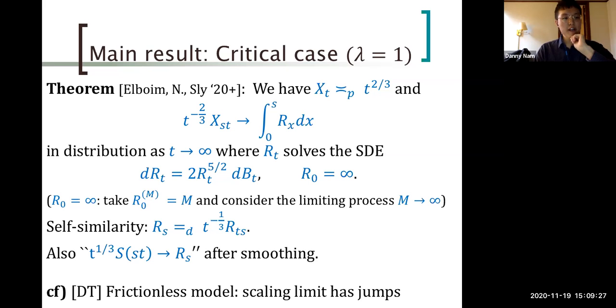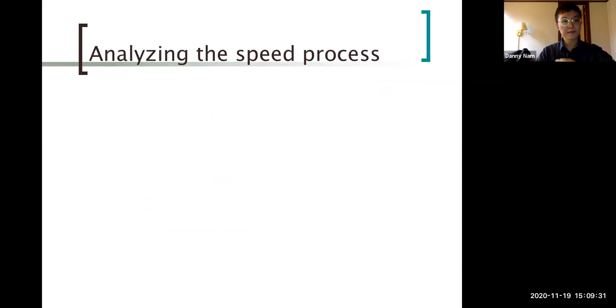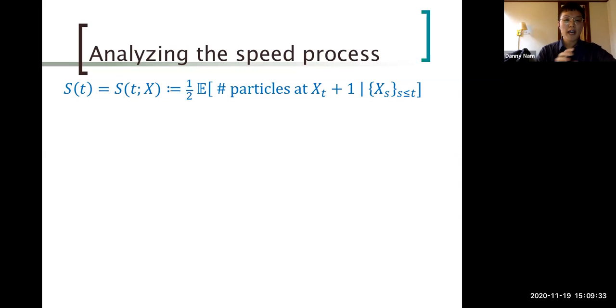So for the remaining time, I'm going to say a few words about the main ideas. Although we had this definition of the speed, this is still a complicated object because of this conditioning on the history. So the natural thing we attempt to do is to plug in some other process that approximates our aggregate, which is easier to understand.